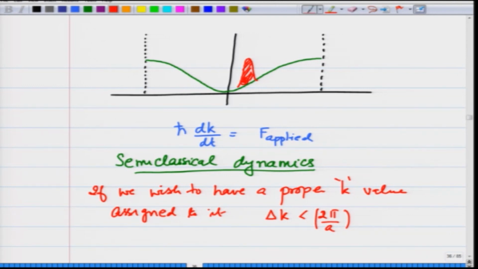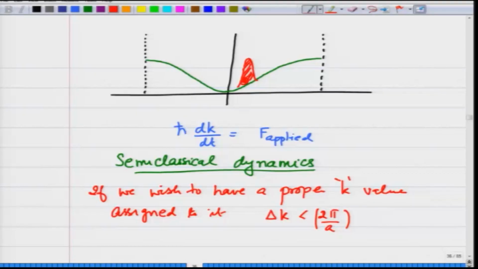So, if you want to see that motion through the Brillouin zone, I should be able to see k at the level of this Brillouin zone, and therefore I should be able to identify k within this boundary of 2 pi by a, and for that the spread in k of the wave packet should be much less than 2 pi by a, or the extent of the Brillouin zone. Let me explain that further.